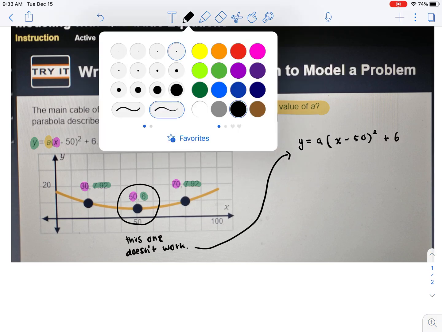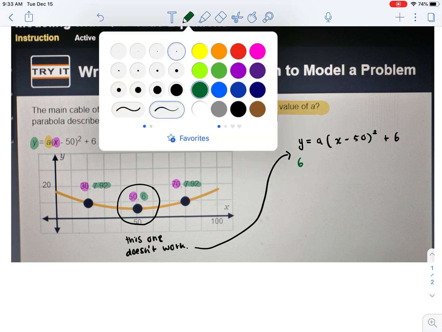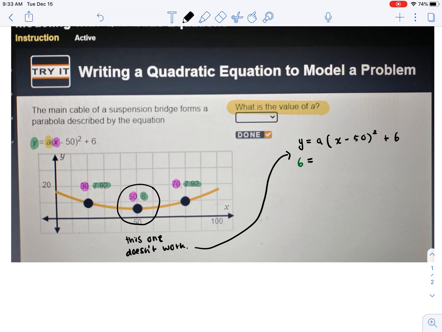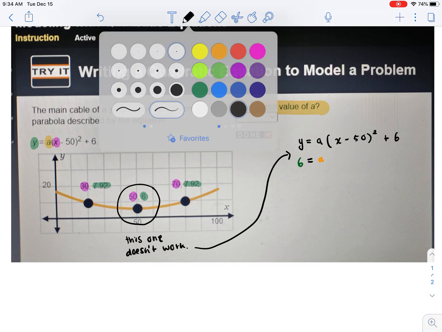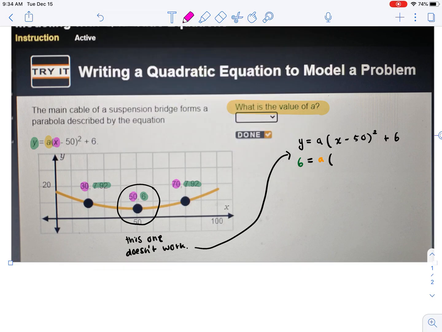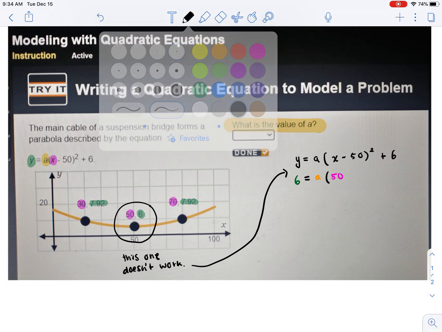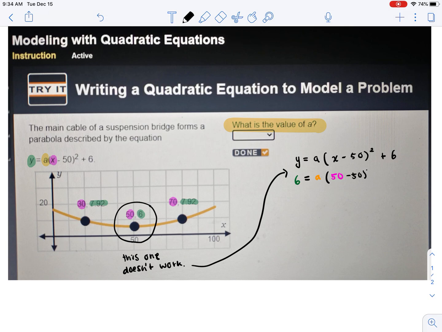So I'm going to replace y with 6: 6 equals, I don't know my a, that's what I want, a, and then I have x is 50, minus 50, squared plus 6.